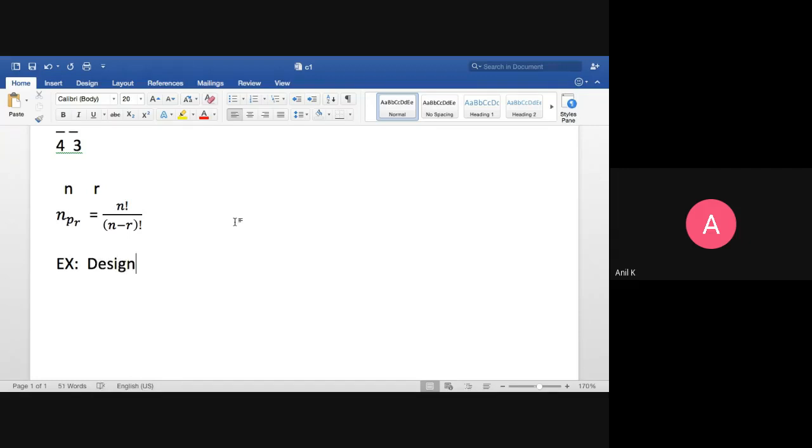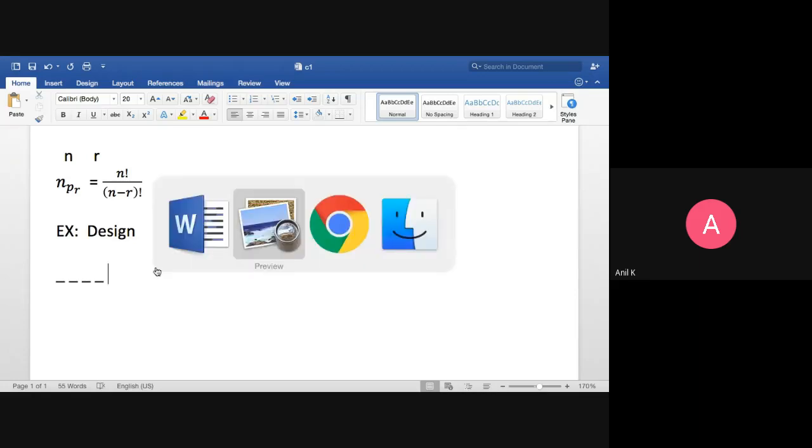Here I have the six-letter word DESIGN, where there are six letters in it, and each letter is different. Now out of this, if I want to make a four-letter word, can anyone tell me how many words I can make? Let me see if somebody gives me the answer.